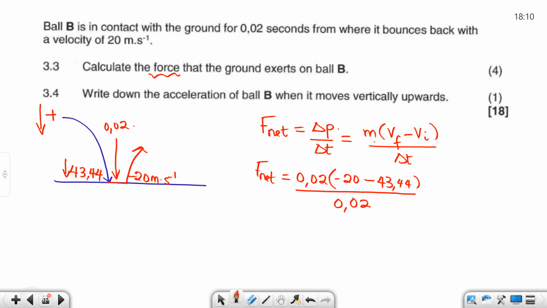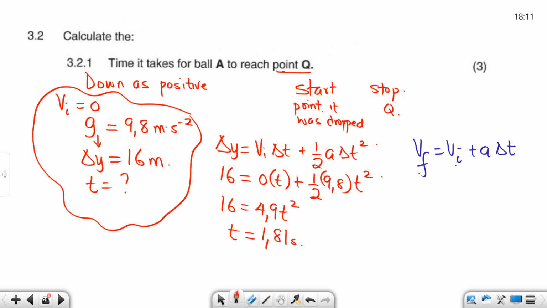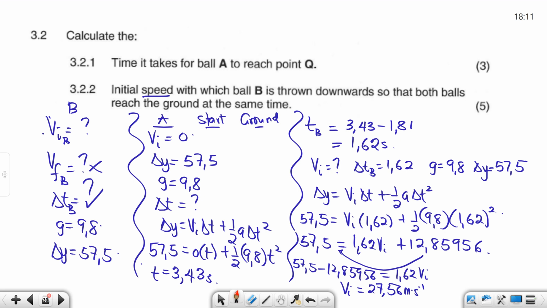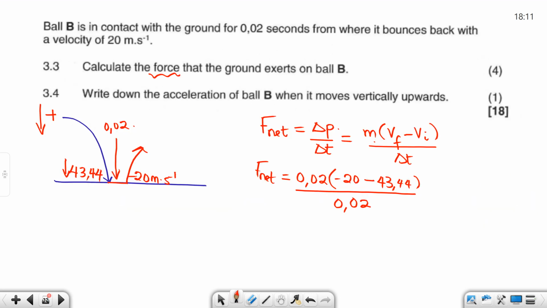Let's confirm the mass again. Are we sure it's 0,02? Let's just check quickly the mass of that object. Where is it? Okay, 0.02. So let's get F net. So F net equals to what? Negative newtons. Then, wait, you cannot write negative and write up.